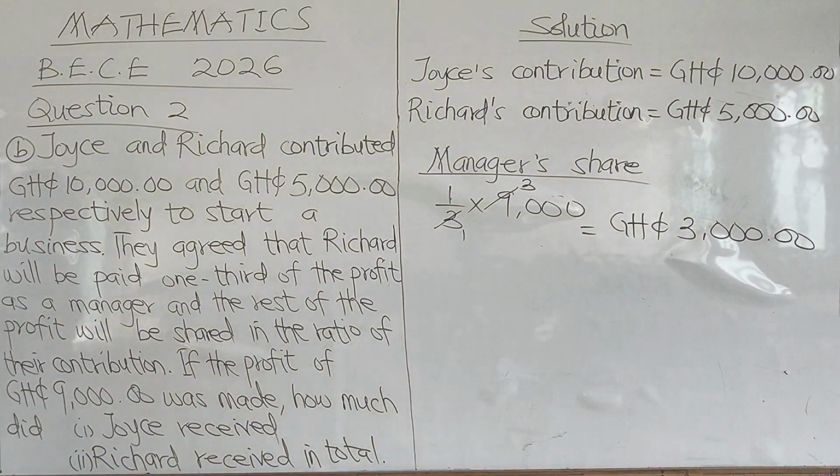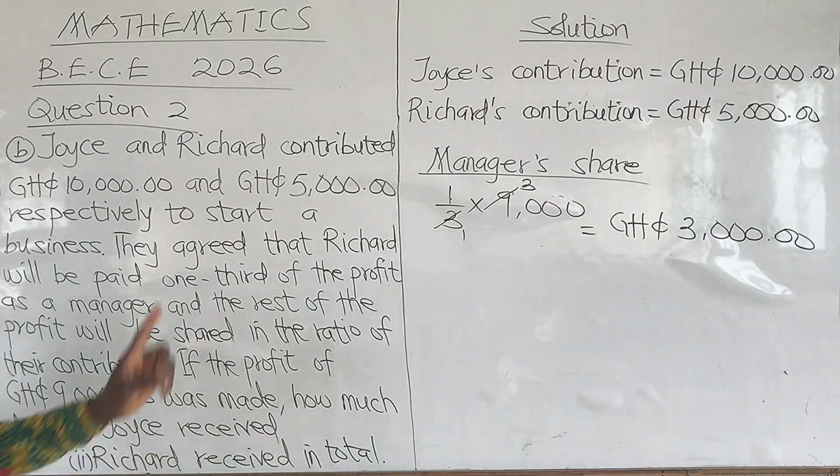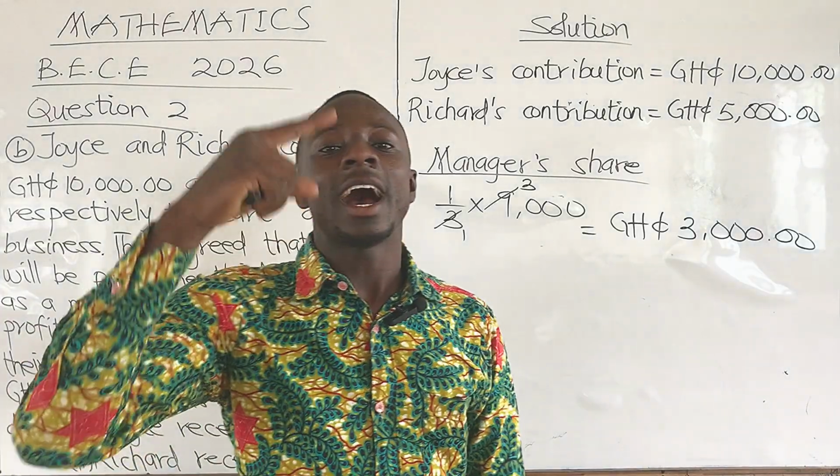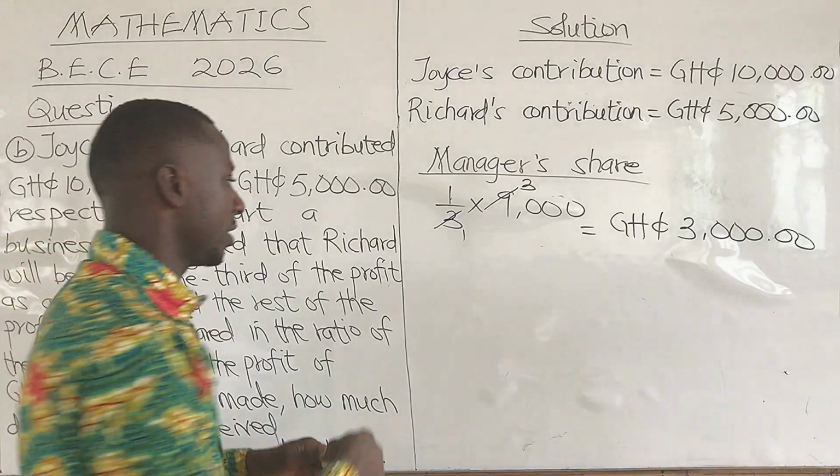Now we are moving on. The question continued by saying that the rest of the profit, it means that the total profit was 9,000. Already 3,000 had been used. So we need to get the remaining amount.